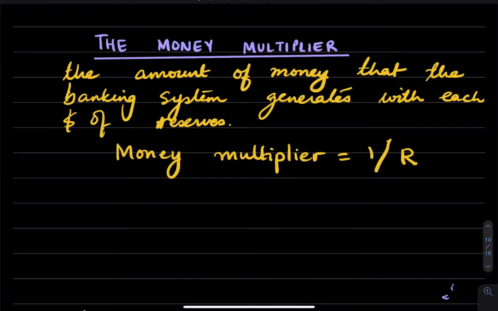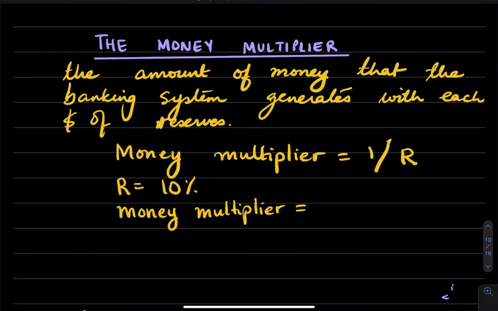Okay, so if we think about our example, R was 10%. So the money multiplier is going to be equal to 1 over R, which is 1 over 10%. You can write this as, if you want to switch out the percent sign, 1 over 10 over 100.